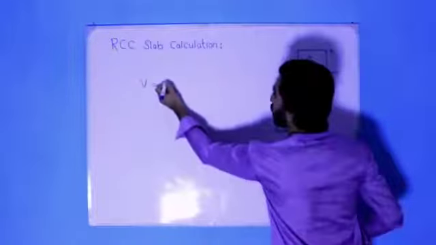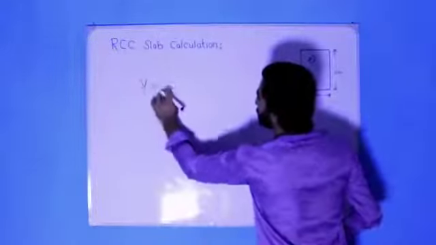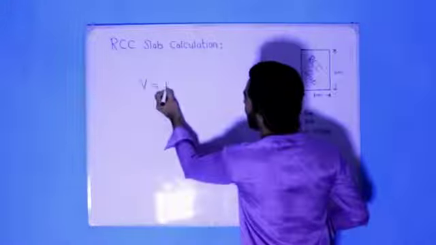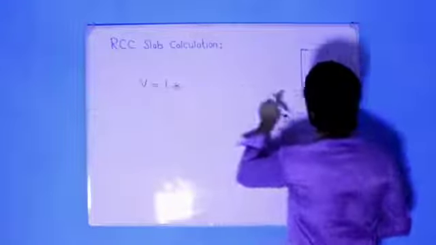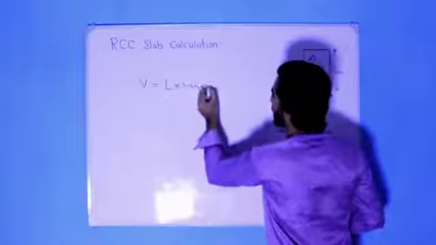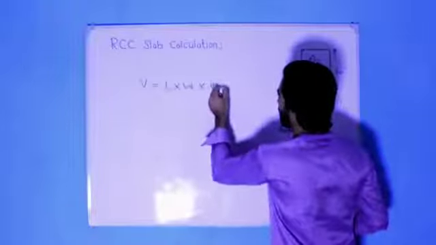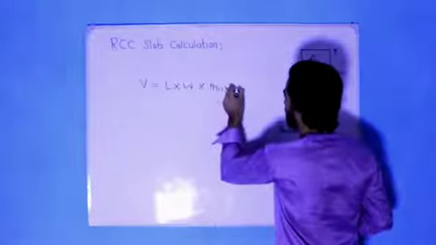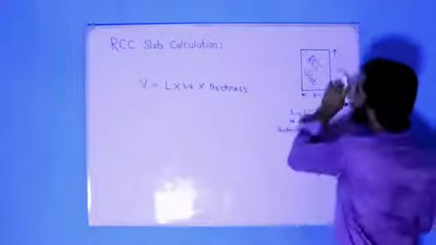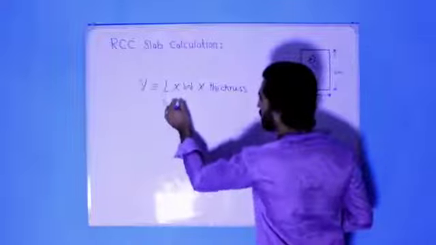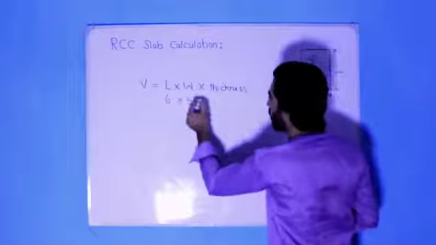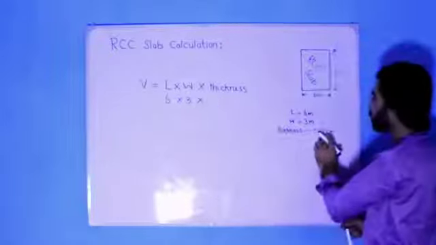So I need length multiplied by width and multiplied by thickness. Here the length is 6 meters, the width is 3 meters, and the thickness is 0.15 meter.